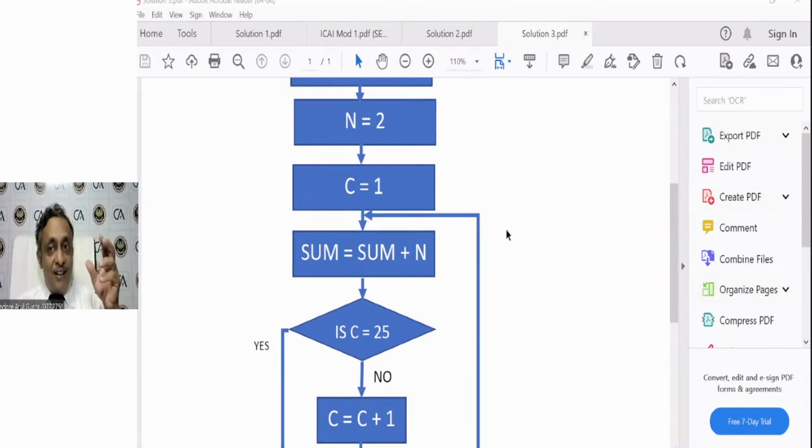So the flowchart which has the least number of decisions and generates the correct logical values is going to get extra weightage. Even if your flowchart is logically correct, but the quality parameter, in terms of the decision symbol, is poor, then you may lose a mark on that.